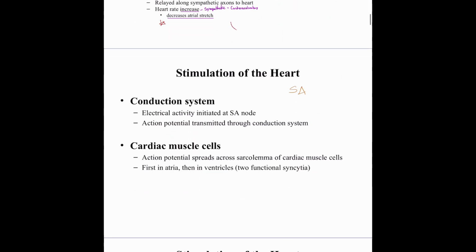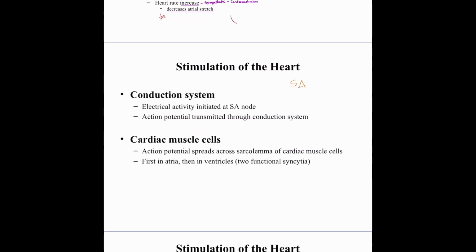So then there are not two systems, but there is the conduction system, which is kind of what we're talking about. So it is the SA node, the AV node, the right and left bundles, and the Purkinje fibers, right? So that's like the electrical activity that's initiated at the SA node, and it propagates through this conduction system, right?